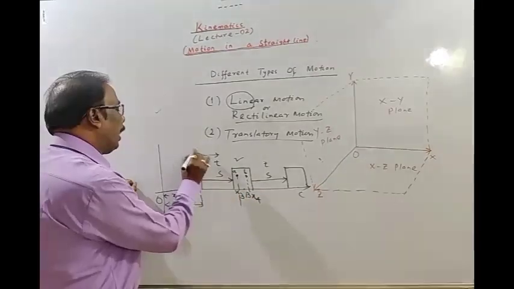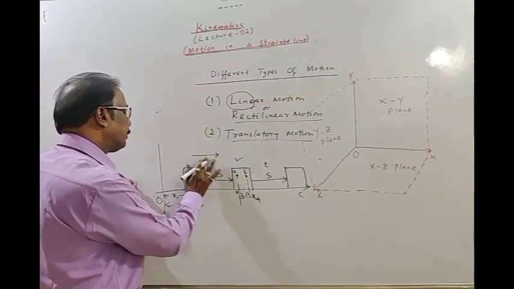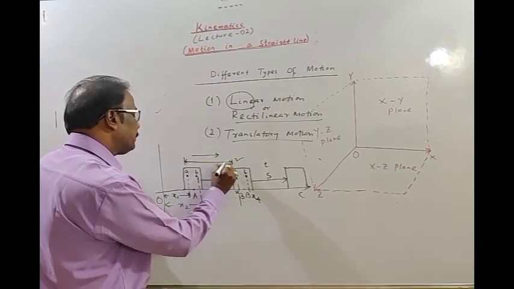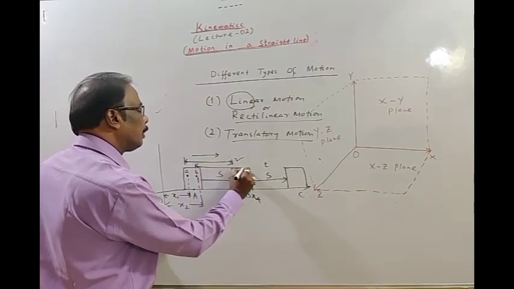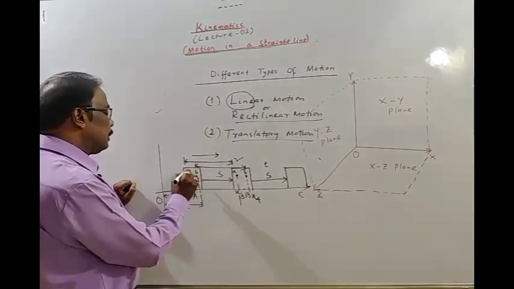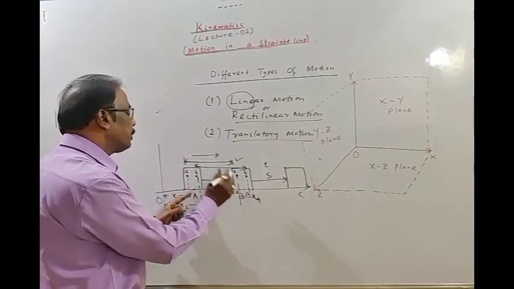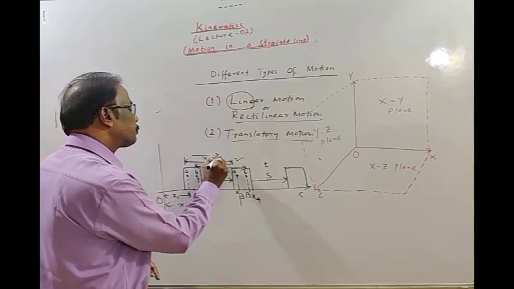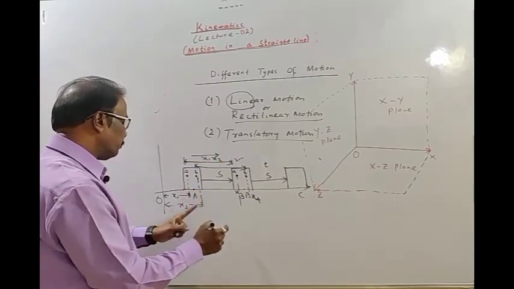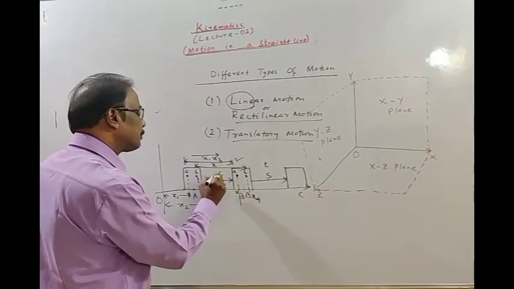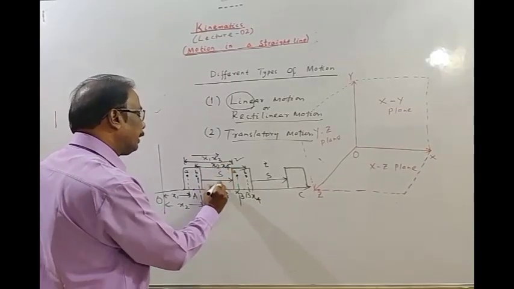Then we have to understand that particle A has travelled from position x1 to position x3, and particle B has moved from position x2 to position x4, in time t.